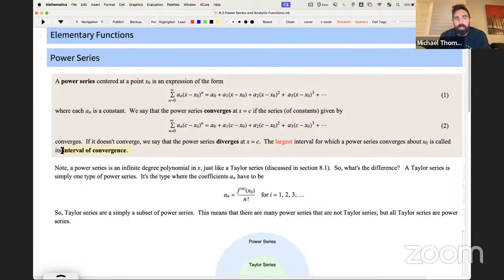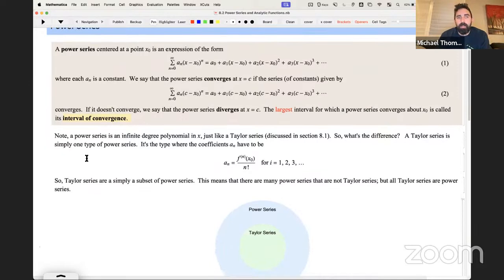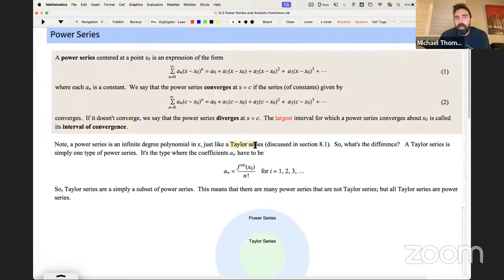Just like a Taylor series, remember I used this terminology. I mentioned that a Taylor series is basically an infinite degree polynomial, and that's what a power series is, right? In fact, a power series is just a more general case of a Taylor series. A power series is where I have these constants sitting in front, and these can be any constants.